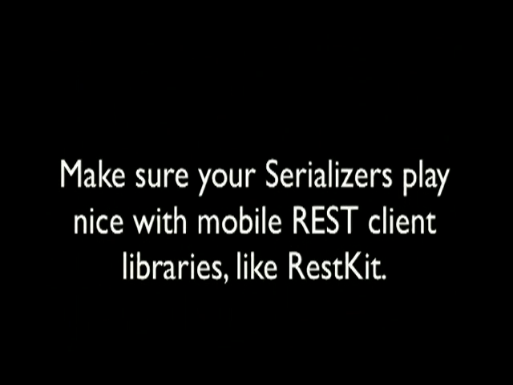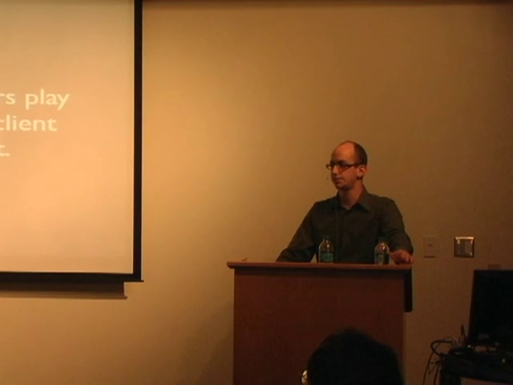And there are some really nice libraries on the mobile side, native mobile specifically, that if you integrate well with them, it saves tons of time. You can get up and running in a very short period of time if you use something like RESTKit on iOS, or there are also several options on the Android side.